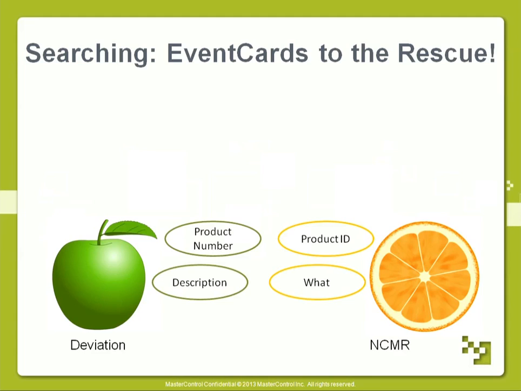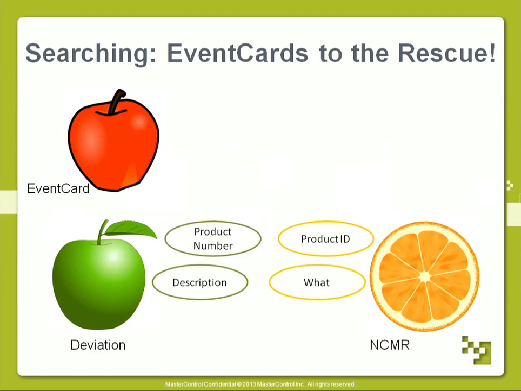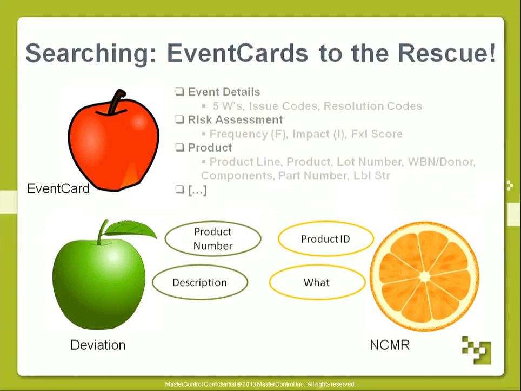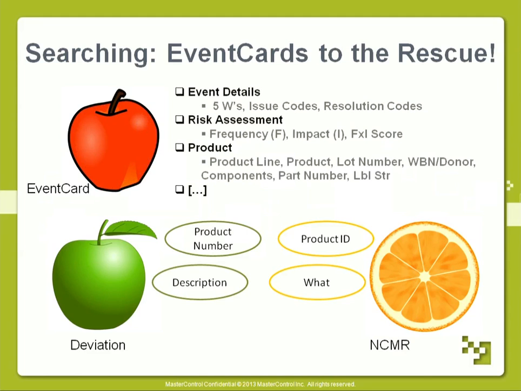So one of the answers there is event cards. It's something that we created, I believe, in version 10.0. The event card is basically a construct that gives you a fixed set of fields that every form in the system will have. When you're designing a process, or taking a MasterControl solution package, every one of these fields can be mapped into a field up here.